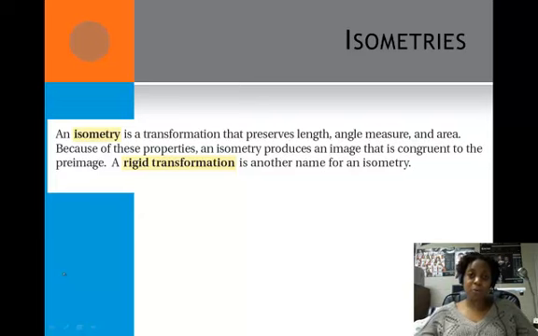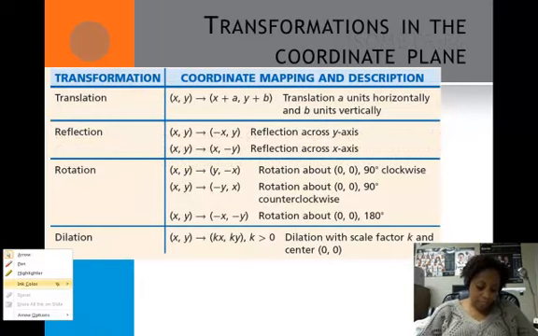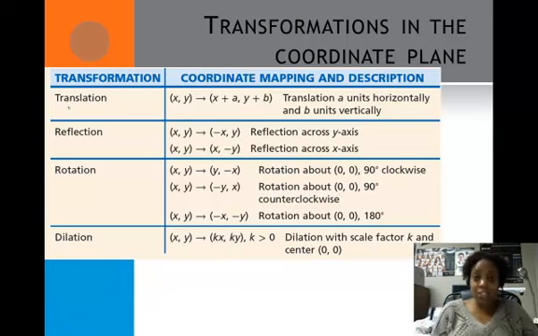So if the transformation preserves the shape and preserves the size, then it is an isometry, and it is a rigid transformation. So of the transformations we know, a translation is definitely an isometry, because the only thing that it changes is the position. So it is an isometry or a rigid transformation.